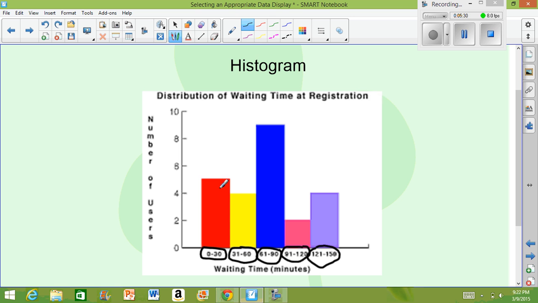So we have our data that's displayed in a range. And it still tells us how many that we have going up on our y-axis. So it is just kind of a fancy bar graph. But the key being each bar represents a range of data and not just one number or not just one category.